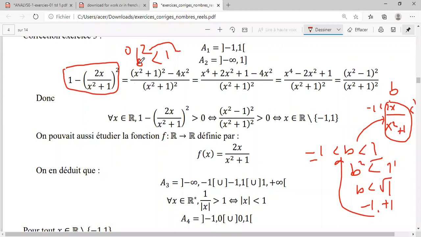It's the same as saying this is less than 0. So if the b squared comes here, we're going to have 1 minus b squared. What's your b squared? Your b squared is this function that you have here, 2x over x squared plus 1. And that's how we came about this function.